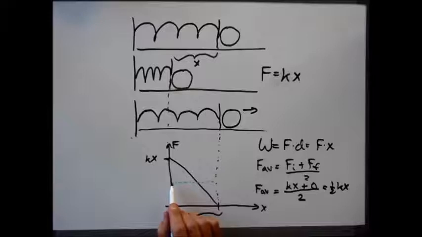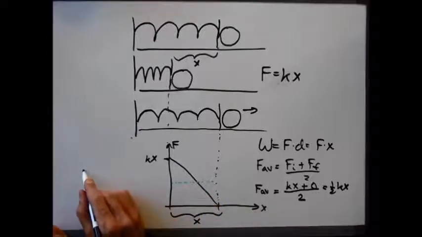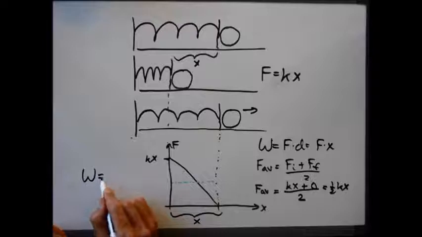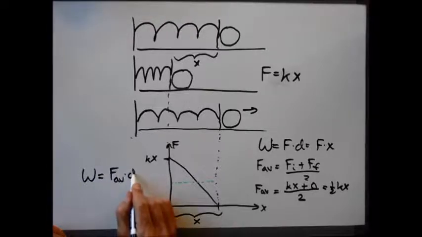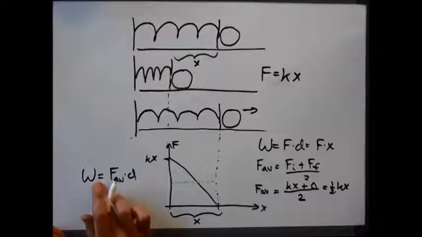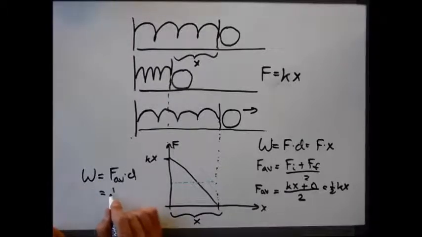Now, instead of saying we have a big force here and a little force here, we're going to say we have an average force all the way across. For this case, the work done is the average force times the distance. In this case, that's equal to 1/2 k times x.